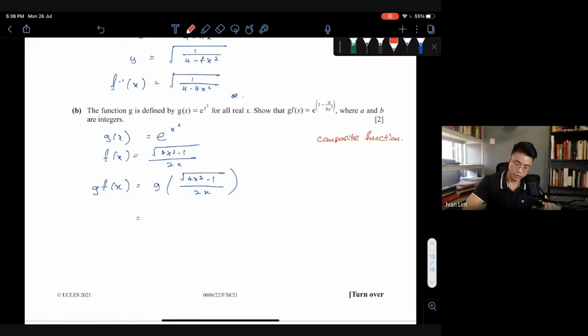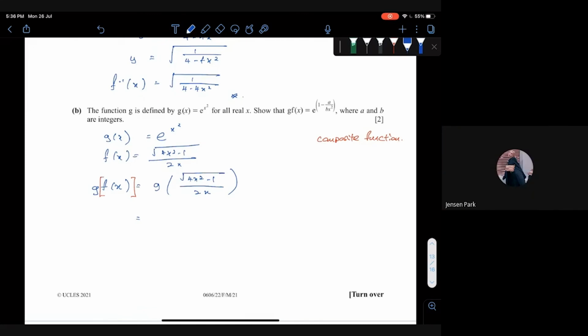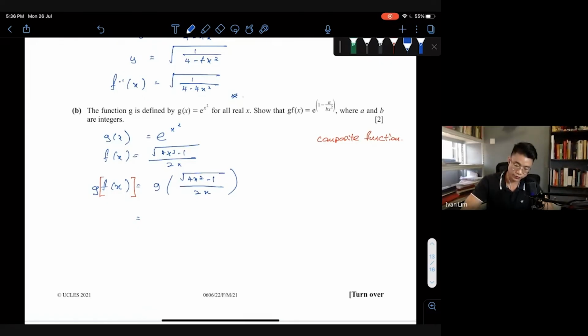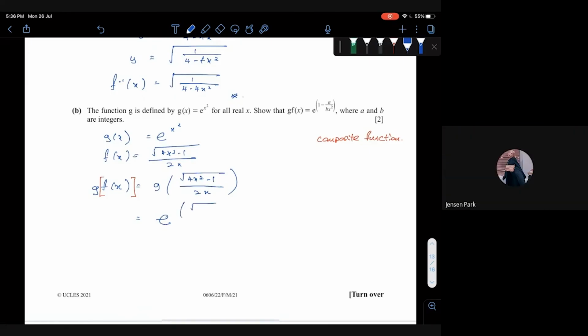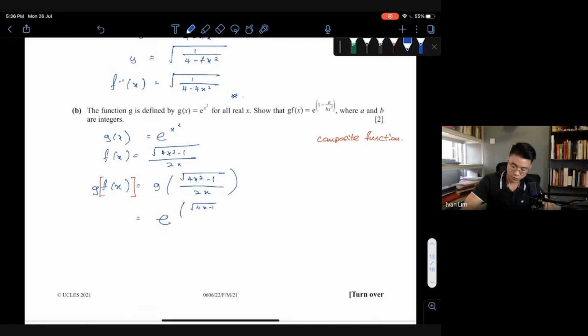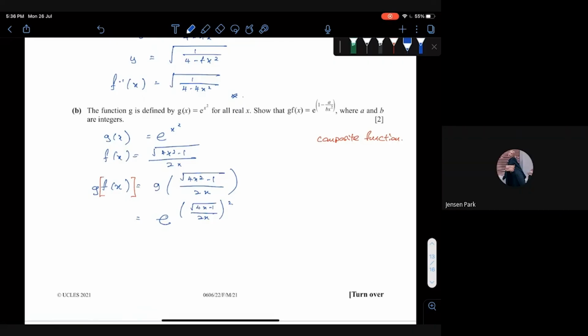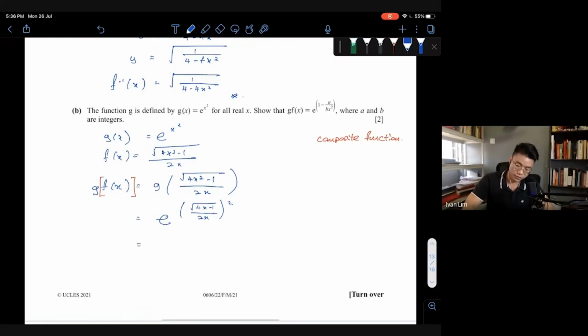So this part first. And then now your new x is this f of x, right? Replace your e to the power x squared with this value, so you'll become e to the power of, removing the square root, 4x squared minus 1 over 2x, and you square the whole thing.